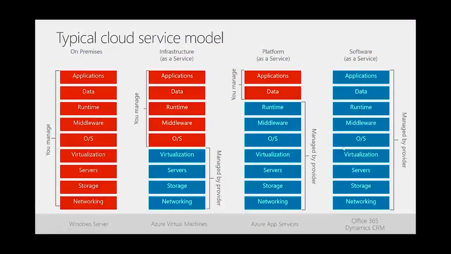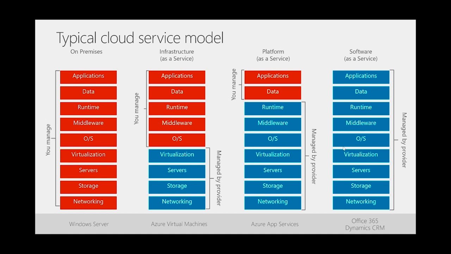Now, I believe you have seen this slide a number of times, a very typical cloud service model. On the first column, you'll notice that pretty much end-to-end is handled by the customer itself, right? That's a typical on-premise model. Now, the second, third, and fourth pillars are essentially the options of the cloud service model.